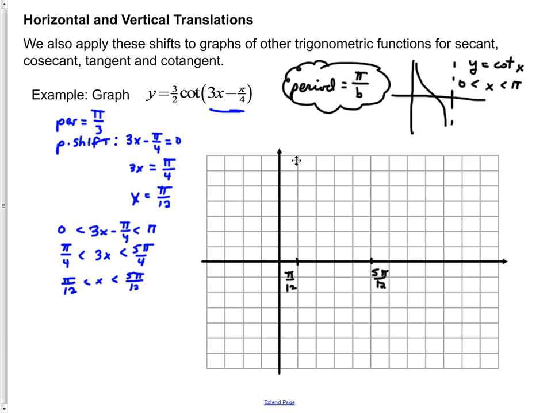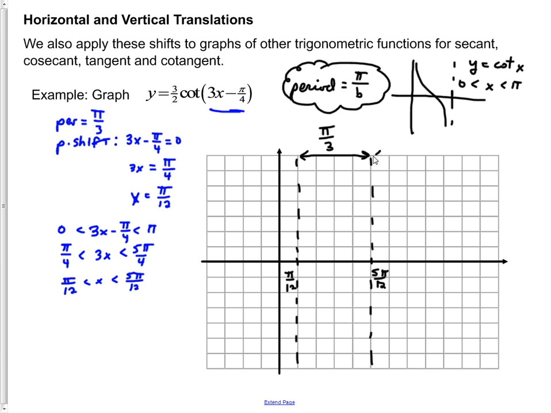And this is where we're going to get two vertical asymptotes. Instead of being at 0 and pi, they're now at pi over 12 and 5 pi over 12. What's more, we know that the period is pi over 3, and if we did take the difference right here, we would find pi over 3 is the period.